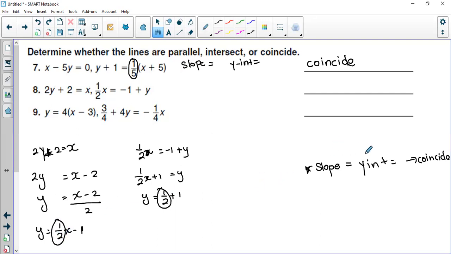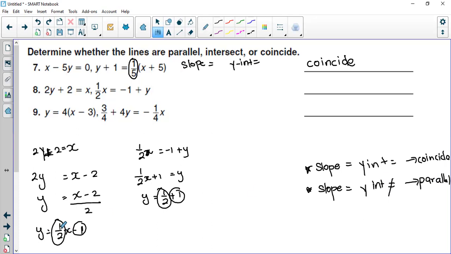So if the slopes are equal and the y-intercepts are equal, what does that mean? Wait, here the slopes are equal, but the y-intercepts are different because there's positive one and negative one. So if the slopes are equal and the y-intercepts are different, they are not equal, then that means they are parallel lines.